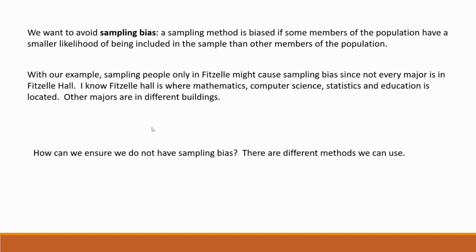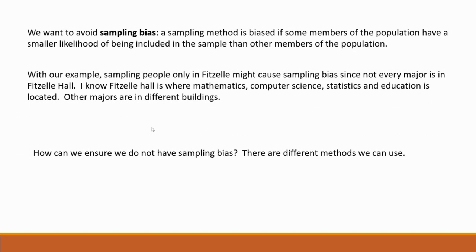Basically, what we're trying to do is to avoid sampling bias. That's when the sample is not representative of the population. Sampling bias occurs when some members of the population have a smaller likelihood of being included in the sample than other members do.